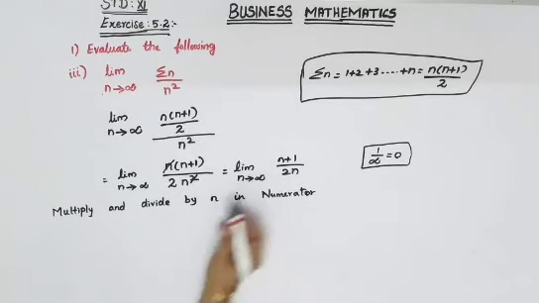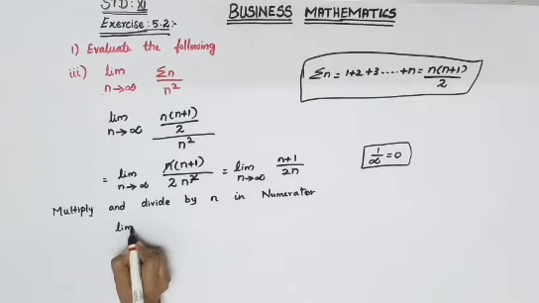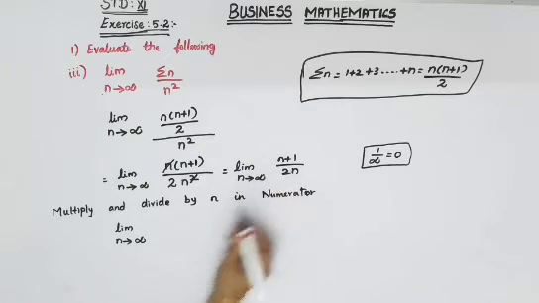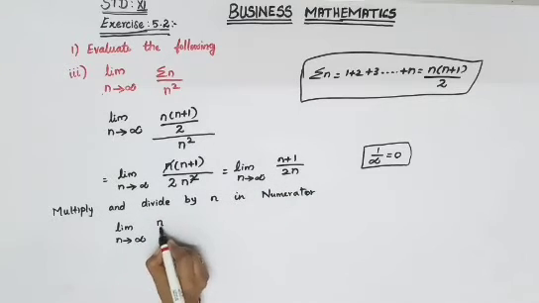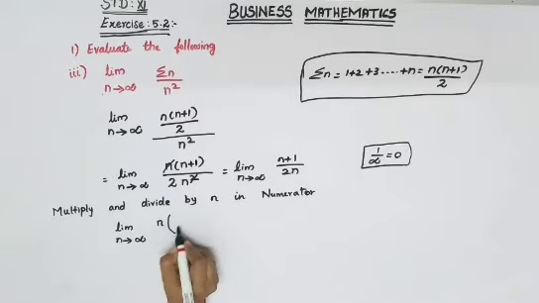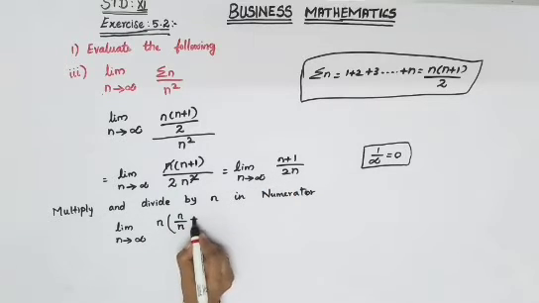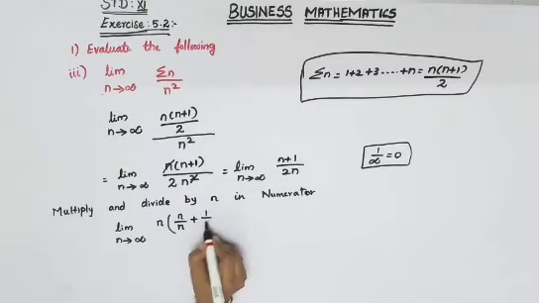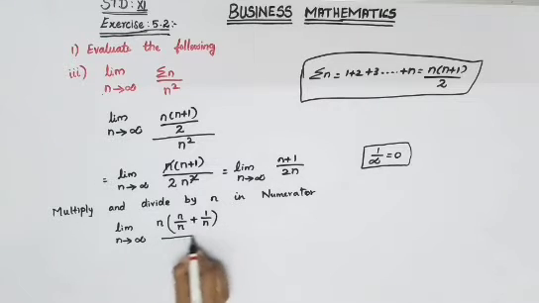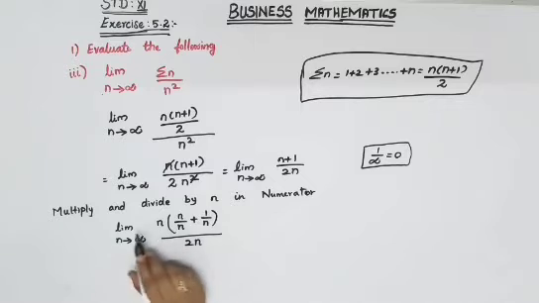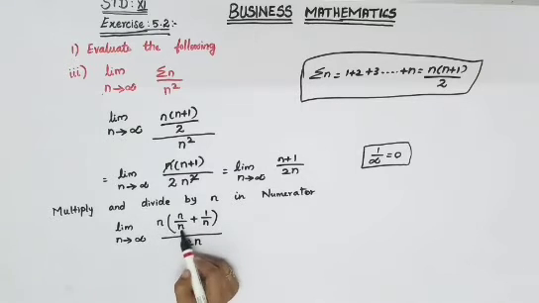So what you'll have to do is, this limit n tends to infinity will be there as it is. This is multiplied by n outside, and divide by n, I'll just take it inside, that is here you've got n, so n by n you can write it. Again 1 is there, so 1 by n, the denominator 2n will be there as it is. Only in the numerator you will have to multiply by n and divide by n.